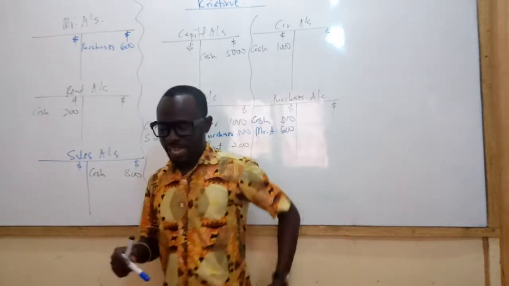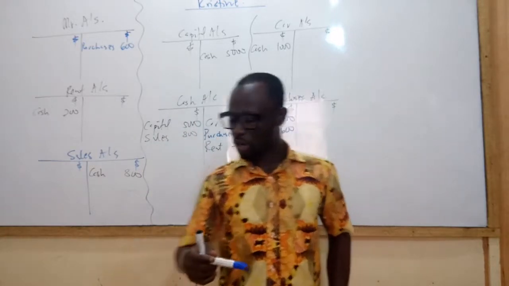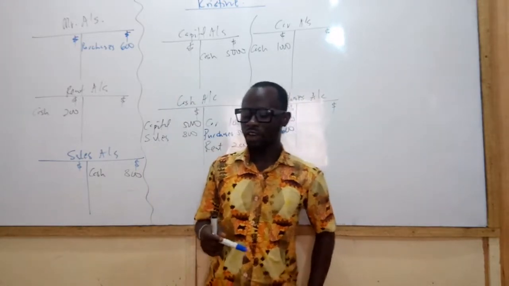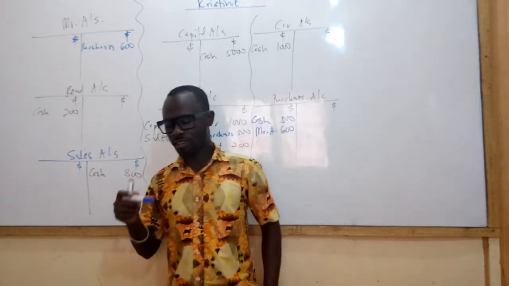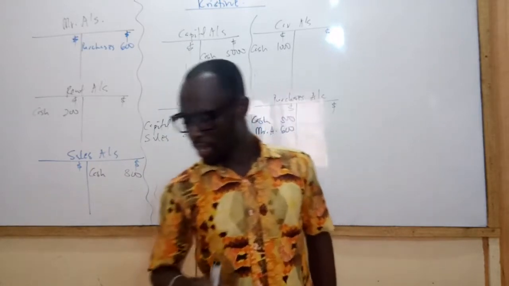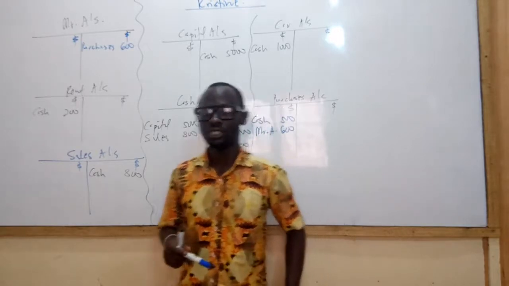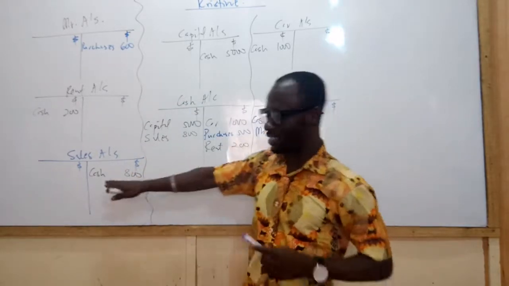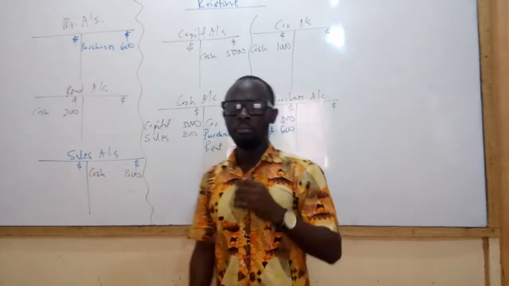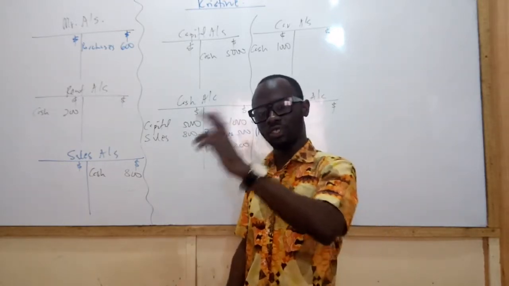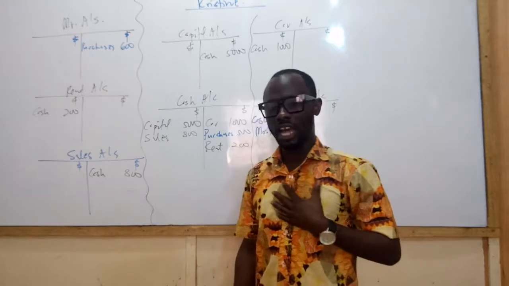Next one. They sell the remaining goods on credit for $900 to Mrs. X. Alright? So we are still selling, but this time around we are selling on credit. Meaning the person we are selling to on credit becomes our debtor.